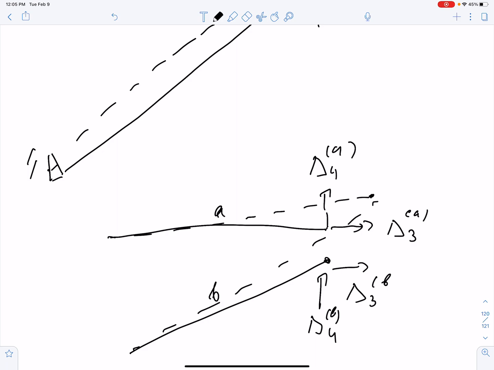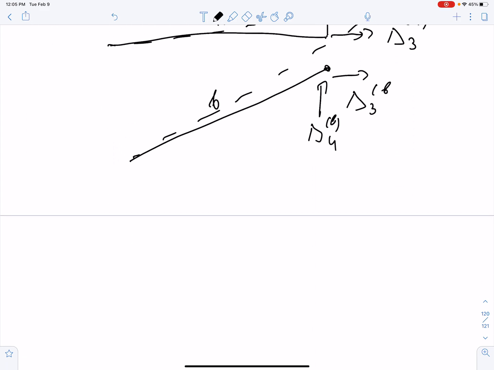But the point is, this point occupied the same location in space prior to displacement, and then it occupies the same location in space after displacement. It means that whatever delta 3a is, it must equal delta 3b. Meaning the displacement of the same point in the reference configuration has to be the same.